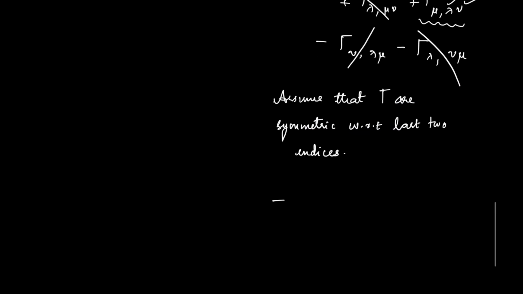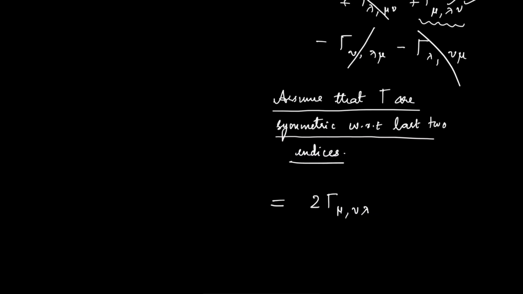Then I'll get on the right hand side, this is equal to 2 times Christoffel symbol mu nu lambda. So for the time being we can assume that Christoffel symbols are symmetric with respect to last two indices. This is a property of Christoffel symbols, we'll come back to it later and we'll prove it.